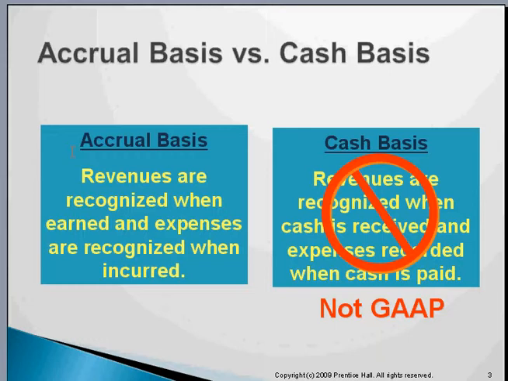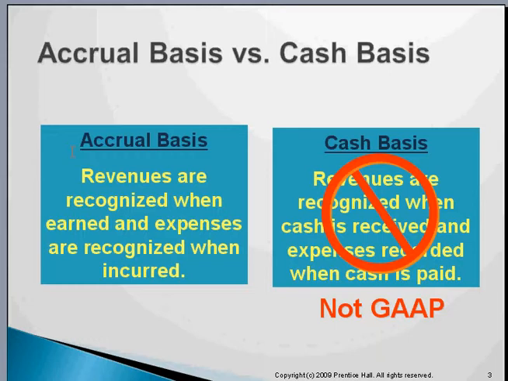The business was expected to collect $9,000 the following month. So what did we do? We debited the accounts receivable, we credited the service revenue. Okay, the revenue was recognized because Jonathan Law Firm performed all of their services.